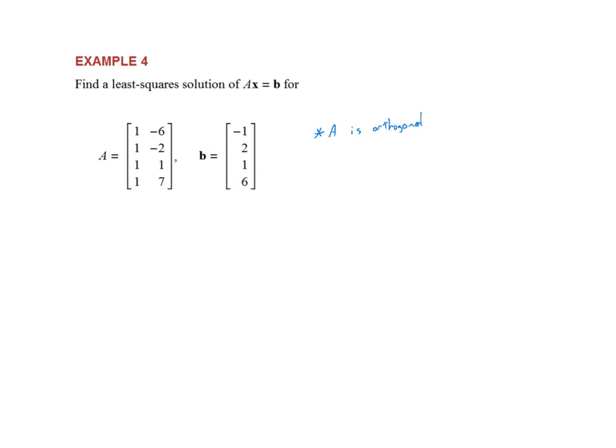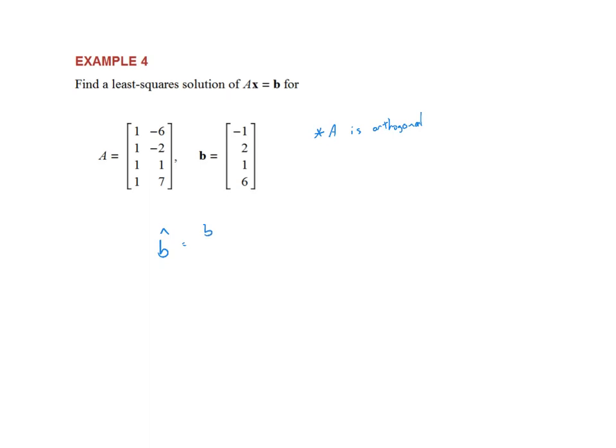The significance of that is I don't need to write and solve that system that we did in the first two examples. I can jump right to my b hat vector, because there's a formula for the orthogonal projection when I have an orthogonal basis.